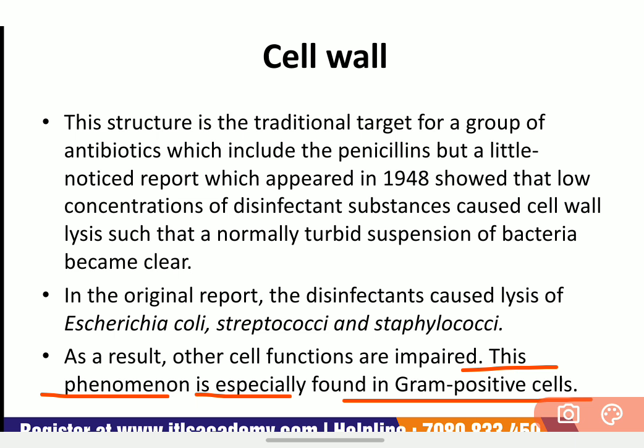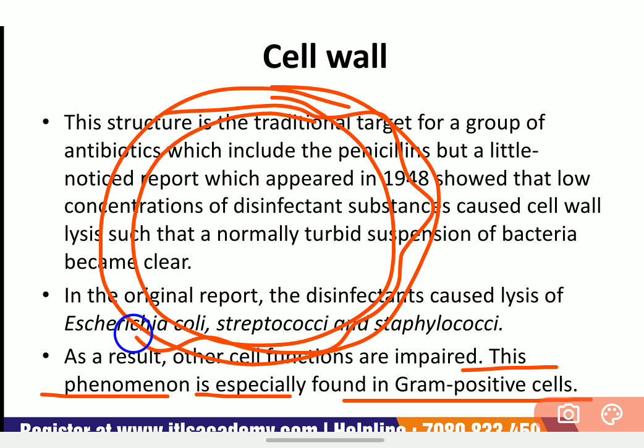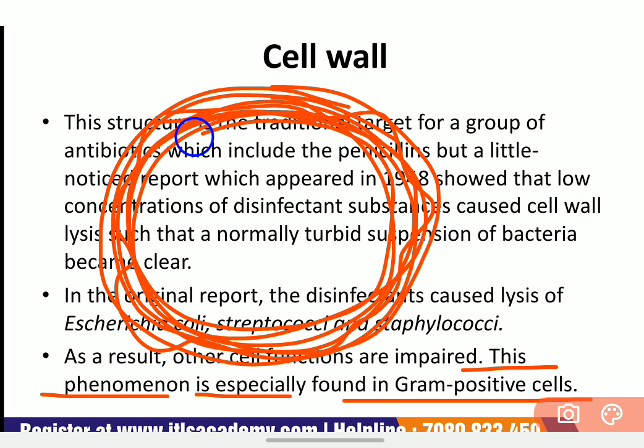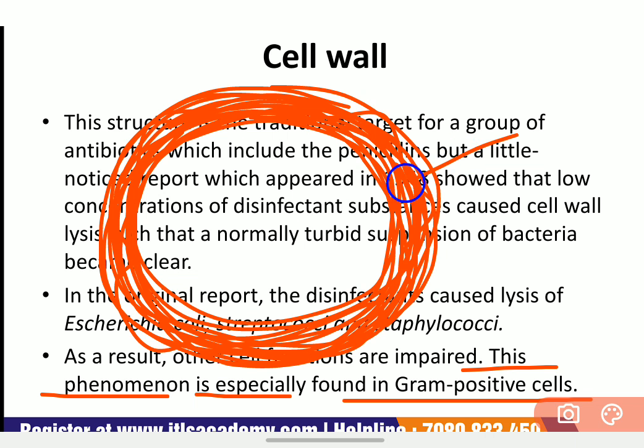As we know, gram-positive bacteria have teichoic acid in their cell wall, so they have a thicker cell wall than gram-negative bacteria. If there is lysis of the teichoic acid or peptidoglycan, then the cell wall will be degraded. When there is no cell wall, the normal functions of the cell will stop, and finally this will cause the death of the bacteria.